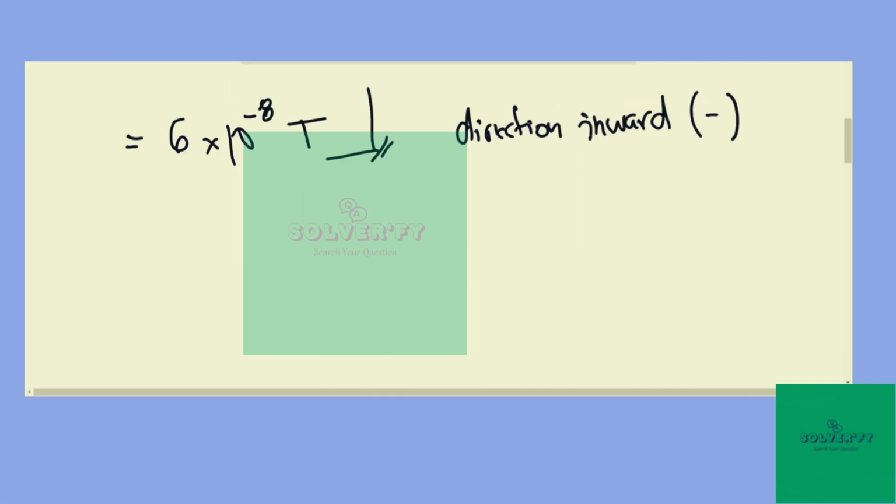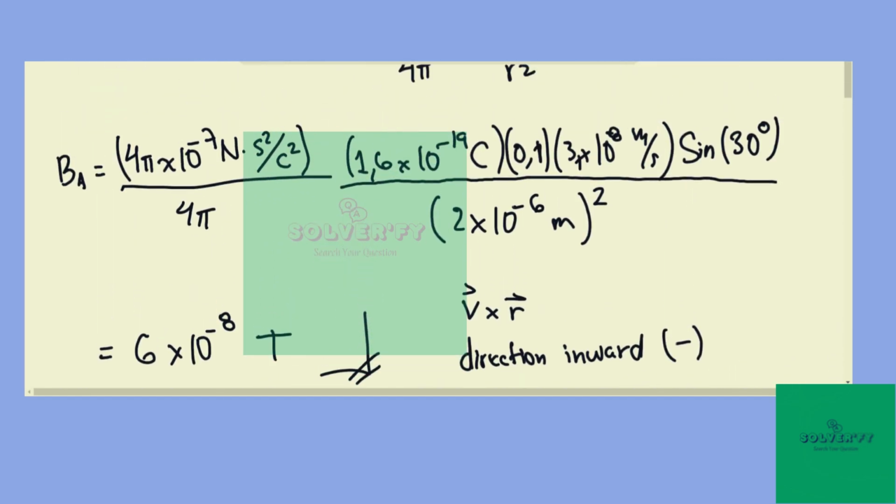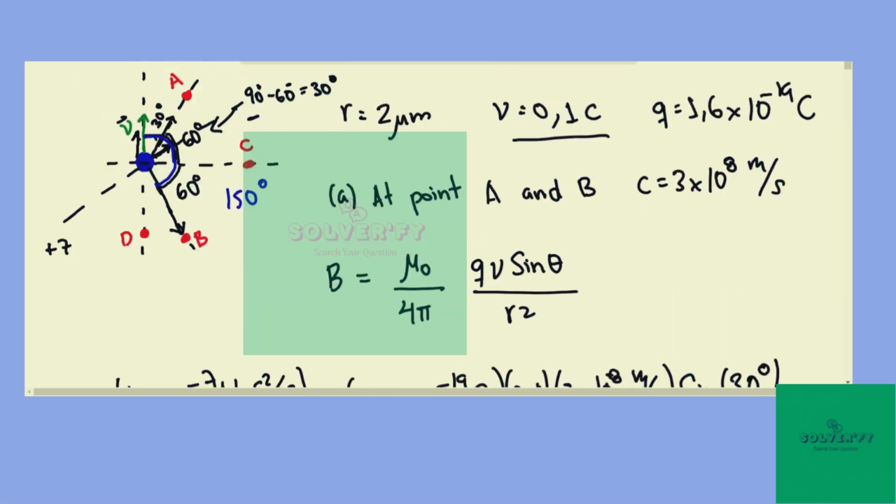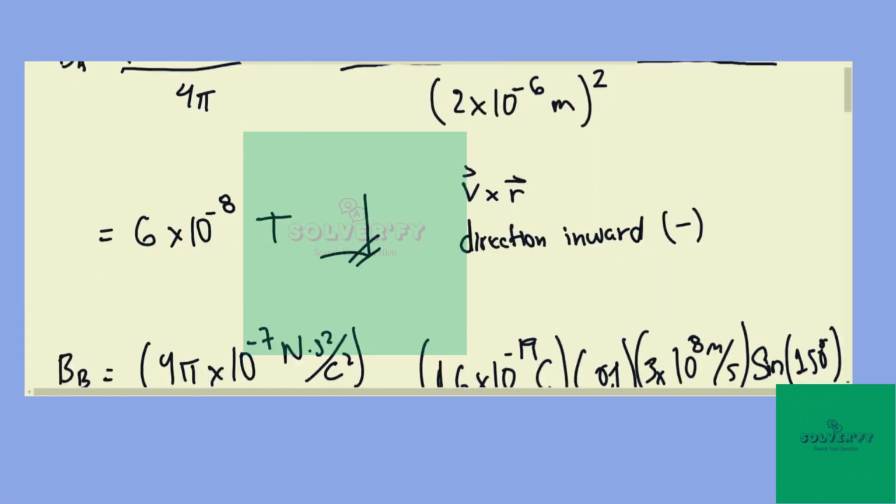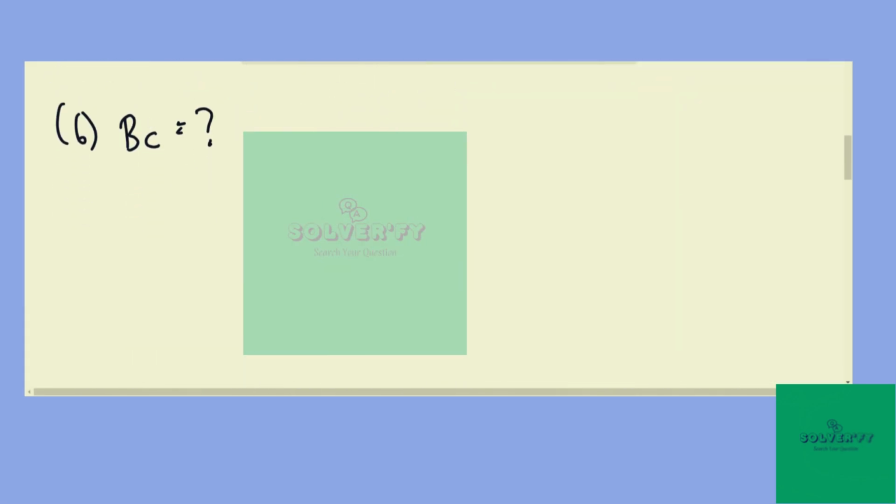Now, part B of this problem is the magnetic field at the point C. So this is more straightforward. The point C is on the x-axis, so it will form 90 degrees with the velocity vector.